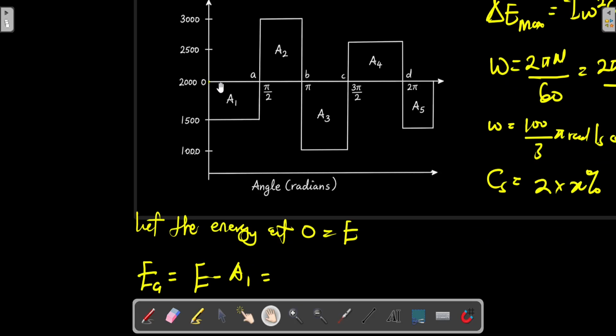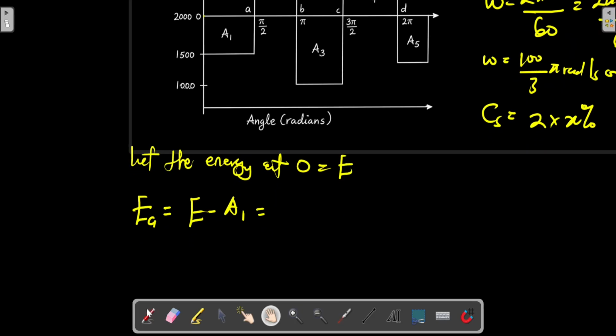That is quite simple. So let us do that. It will be E minus pi on 2 times 500.